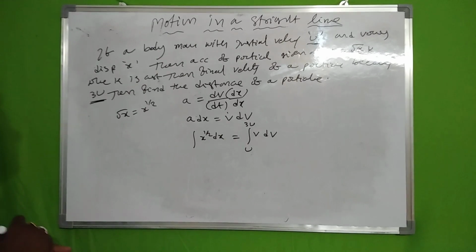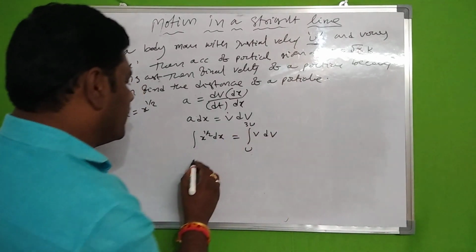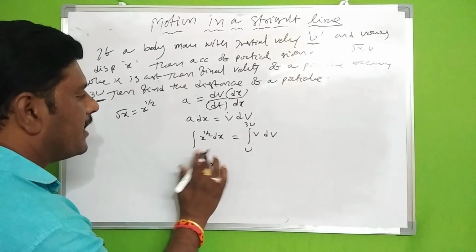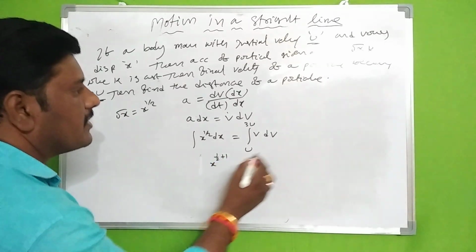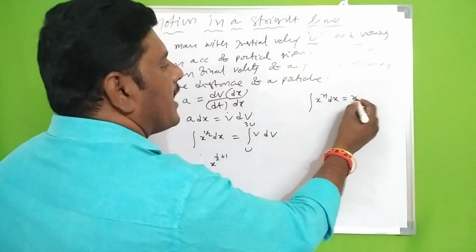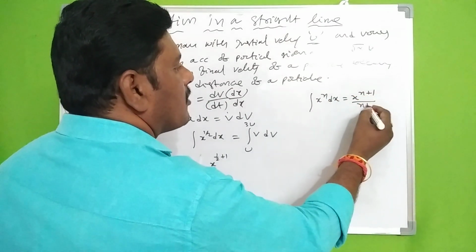So in simple integration, we know that the integral of x power n dx is x power n plus 1 by n plus 1.